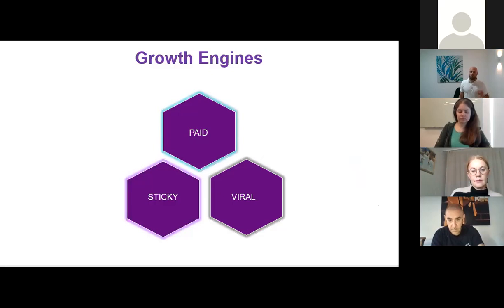As I was saying, the most important thing for a paid engine is to always track the cost of acquiring new customers and what your marginal revenue is. Most startups run into problems when they don't control their costs.